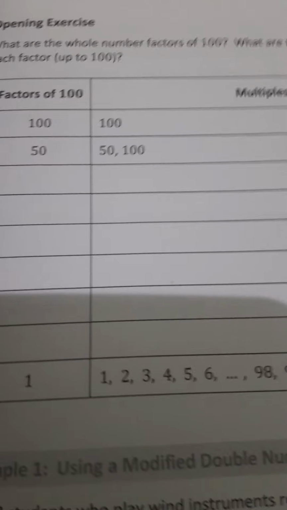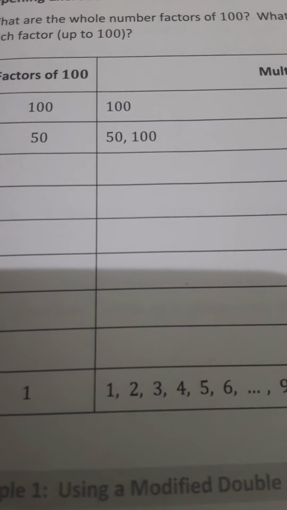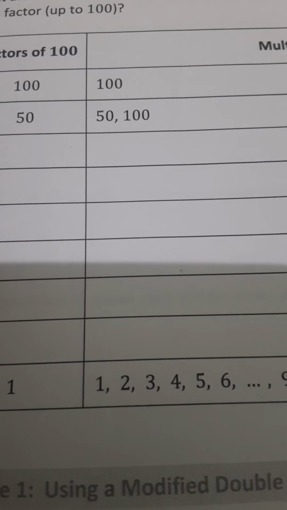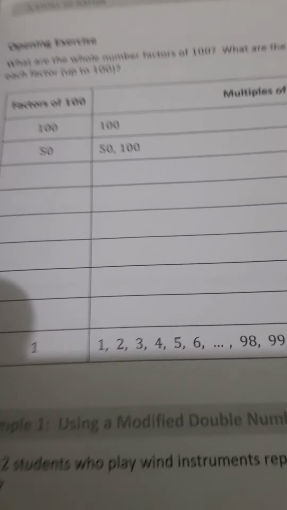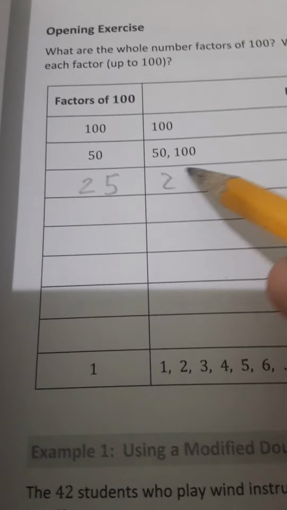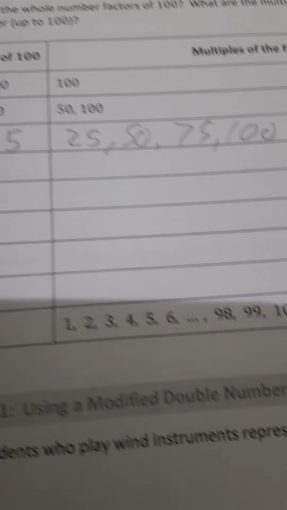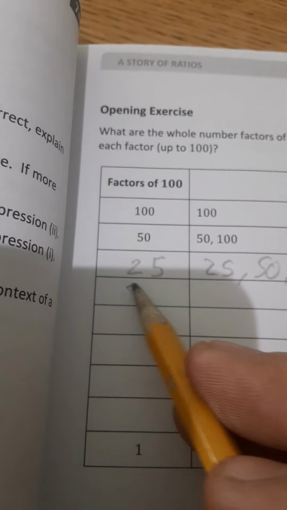With me on that? So the next one would be, anybody have a guess? Would be 25. And so if we're counting by 25s, it would go 25, 50, 75, 100. Just like quarters, there's 4 multiples. The next one would be 20.